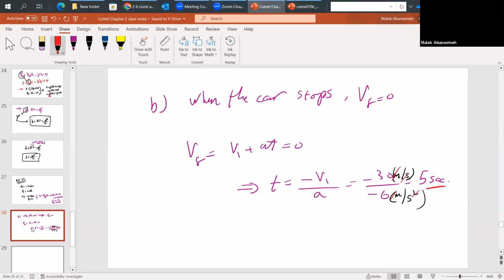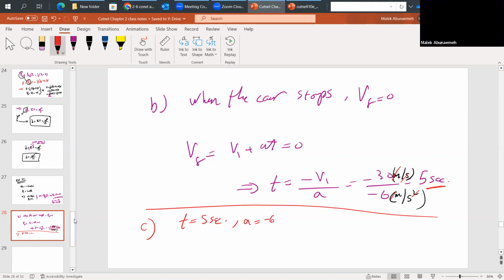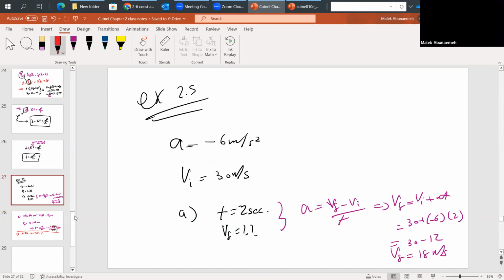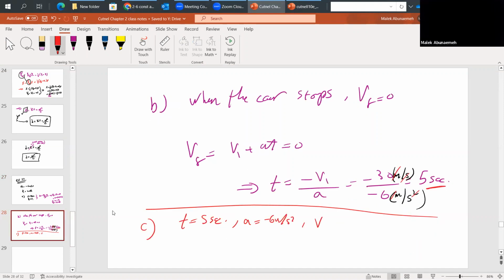So let's do this part C. We had the time at 5 seconds, the acceleration at minus 6 meters per second squared, and the velocity at 30 meters per second.